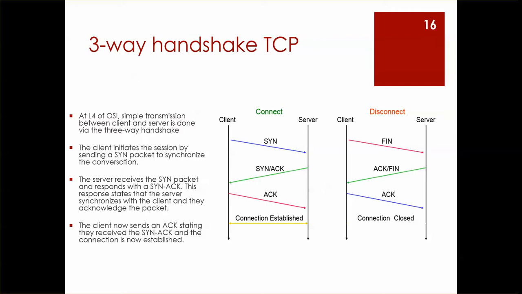So what happens is before a client and a server communicate, they exchange essentially three handshakes. At layer 4 of the OSI model, we have a basic transport transmission. So the client says, hello server.